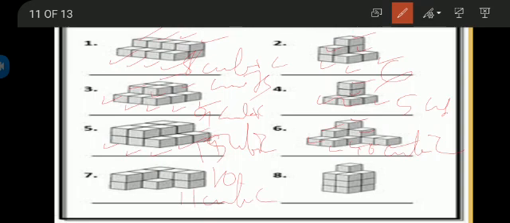And this one you can see lengthwise 2, breadthwise 2, 2 twos are 4, into 3, 12, plus 1 is 13 cubic units.